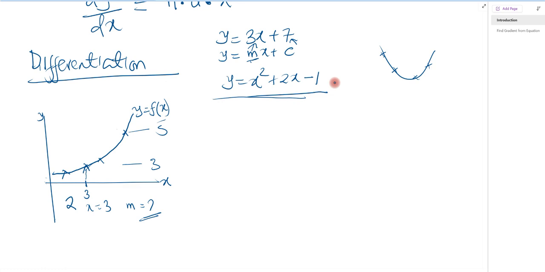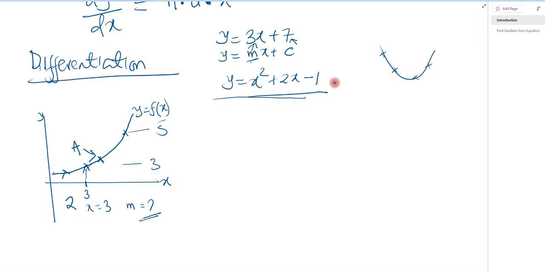So I'm sure you can agree with me to say, if I go back to my graph here, let me put a point here. If I take, for example, this point, I'm going to refer to this point as A. Now if you want to find the gradient at this point A for this graph, we can't find it the way we can for a linear equation.